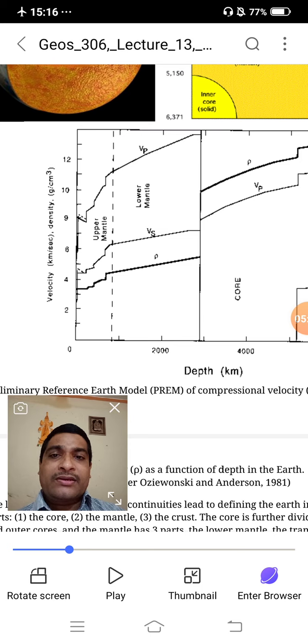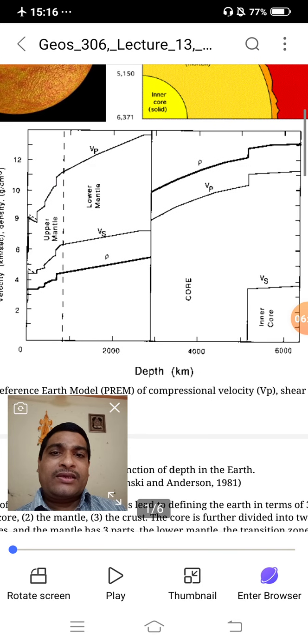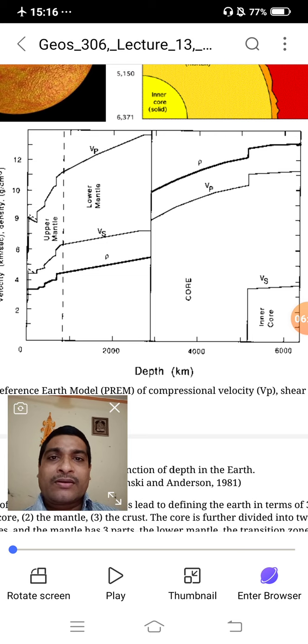In the crust, the density varies from 0 to 3 grams per centimeter cubed, and then it increases with depth. You see the lower mantle is mantle, from 3 to 6 grams per centimeter cubed.